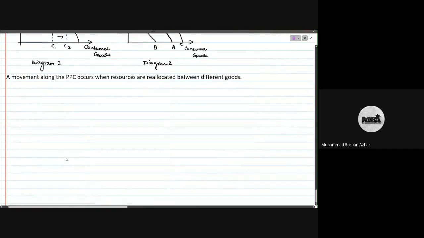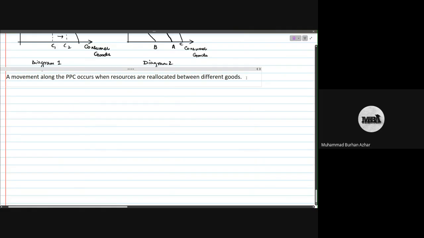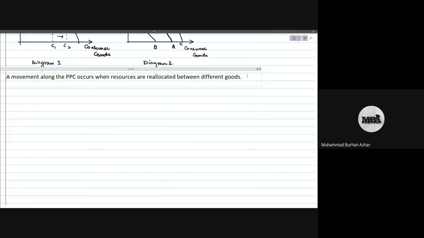So इसका मतलब क्या है कि reallocation of resources या movement along the PPC तब होता है कि when you are not changing the quality or quantity of factors of production, you're just changing the way that the resources are being used, right? So it occurs when resources are allocated to a different use rather than their quality or quantity changing.